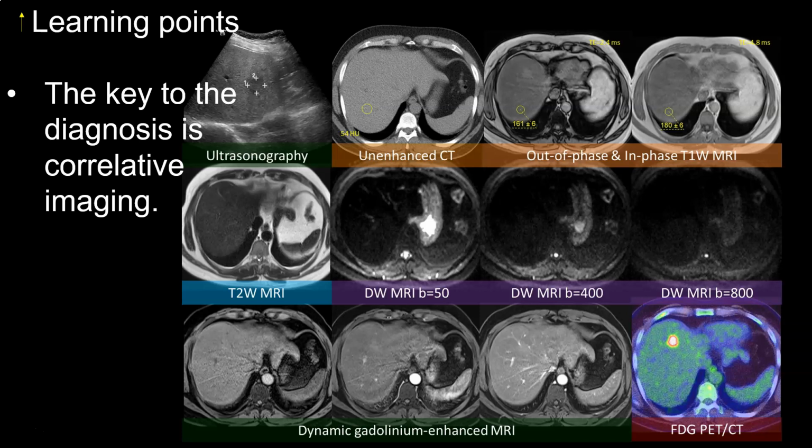If you look at the T2 weighted images and the gadolinium enhanced MRI, you don't have any focal liver lesion whatsoever.